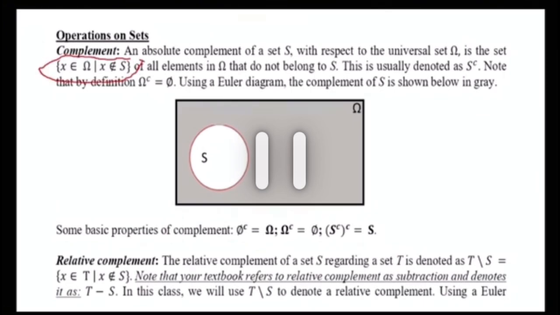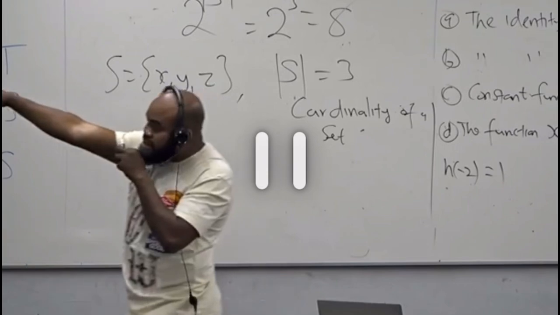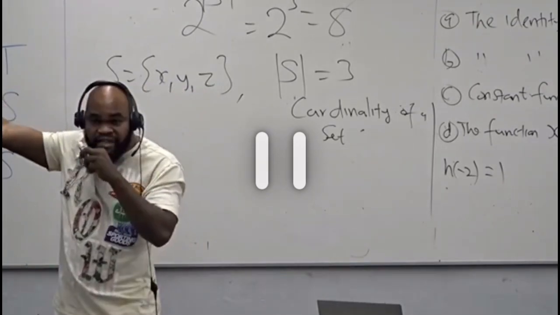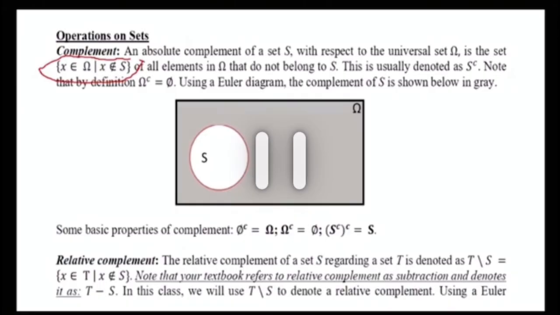That's what I mean by complement. How do we define the complement? Please pay attention mathematically. I'm going to say X is like a student from the University of Minnesota but not in this class. That's why you see X lies in omega, given that X is not a member of S.